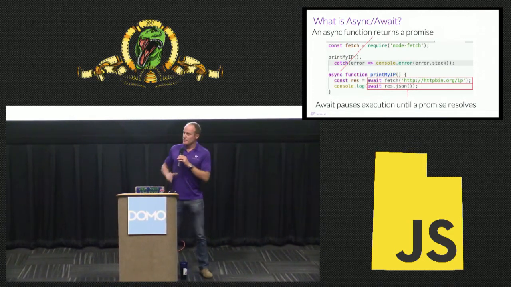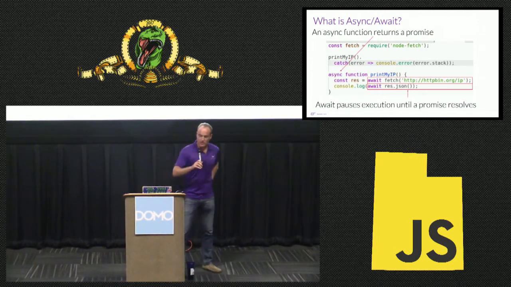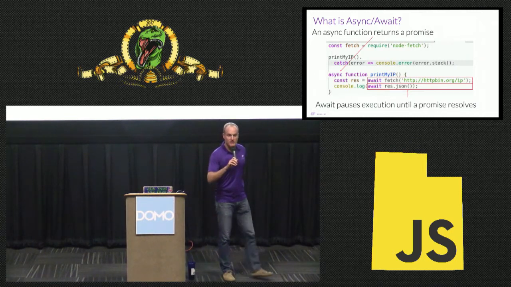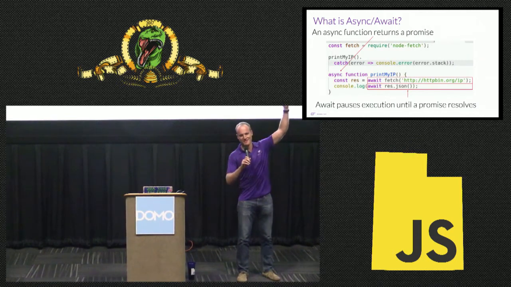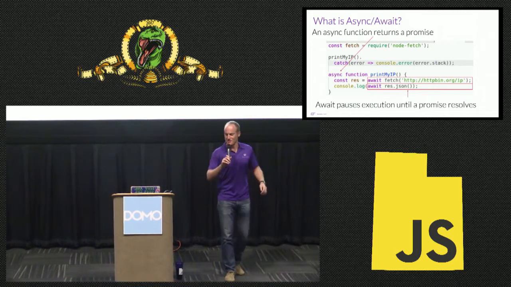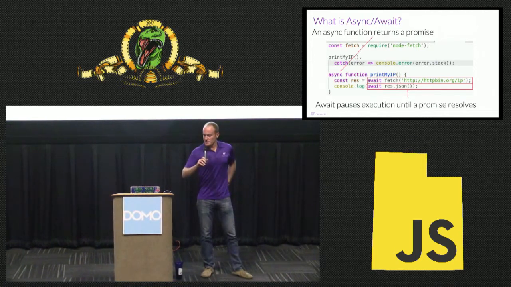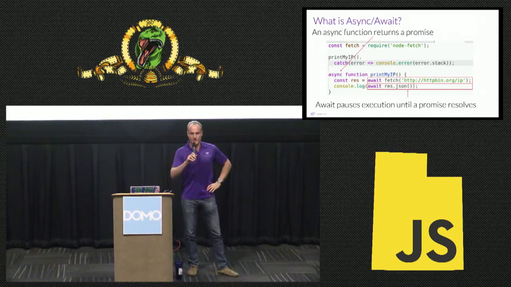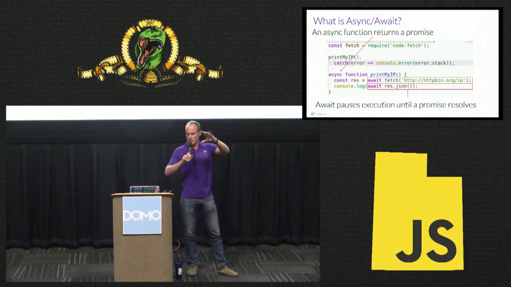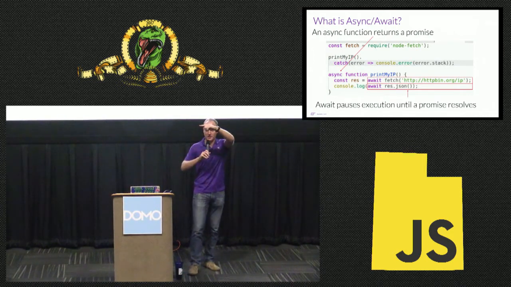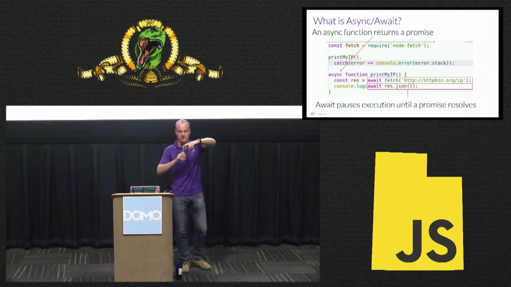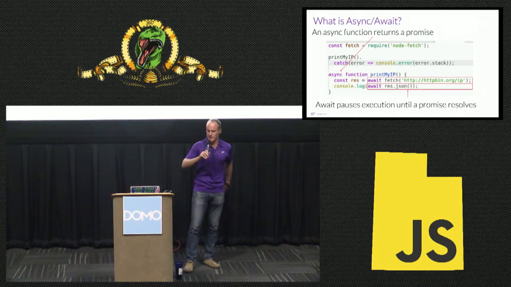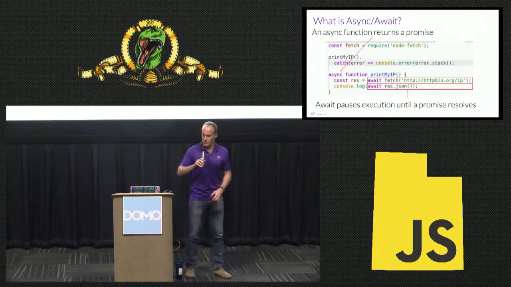But you see there, this printMyIP function is an async function, which means it returns a promise, which means you have to .catch it because you want to handle your errors. And you'll see that there are two instances of the await keyword in the function as well. At each of those points, Node is going to start an asynchronous operation, either making an HTTP request or taking the HTTP response body and putting it into JSON, and it's going to pause the execution.